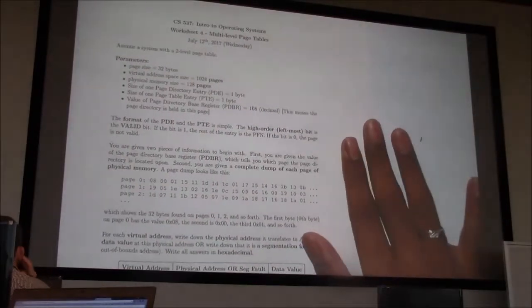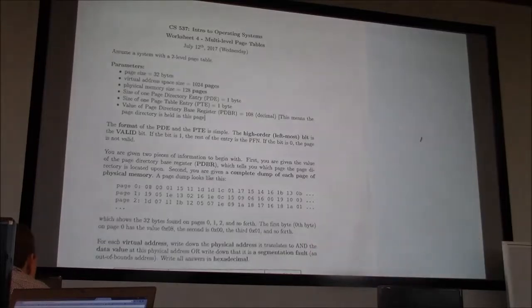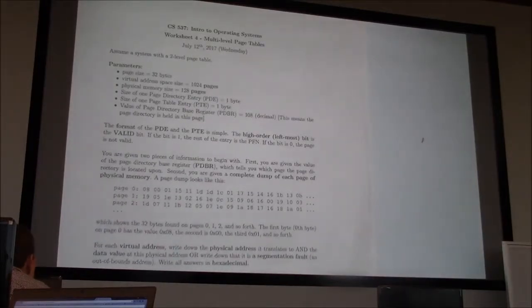Let's take an example, okay? So if you can figure out something like this, this is a problem with a 2-level page table. I'm just showing this to make sure that I'm not wasting your time. We have a 2-level page table, and there are page directory entries, page table entries and stuff like that.